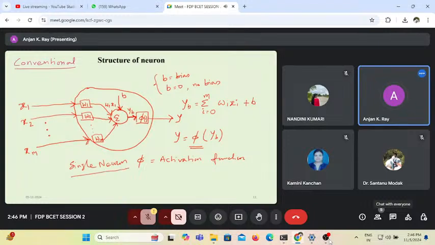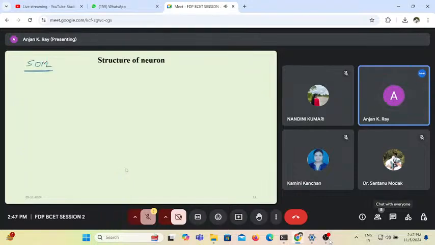But in the self-organizing map, the internal structure of the neuron is a little bit different. So now we'll discuss again the structure of each single neuron. The same concept goes that the number of weights associated with each neuron is equal to the number of inputs.